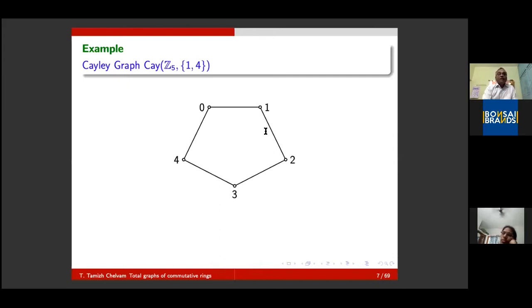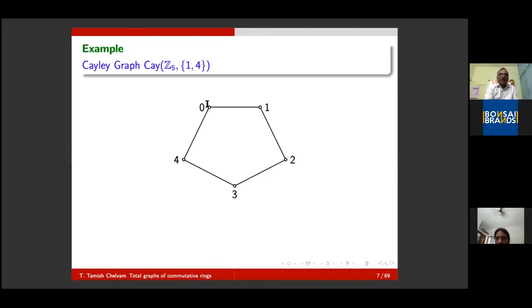Of course, take the congruence modulo 5 classes, take 1 and 4. The inverse of 1 is 4, and of 4 is 1. Therefore, this set 1 comma 4 is a symmetric generating set. With respect to this, take all elements of the ring and join them. 1 minus 0 is 1, which is an element here. 2 minus 1, 3 minus 2, 4 minus 3, 0 minus 4.